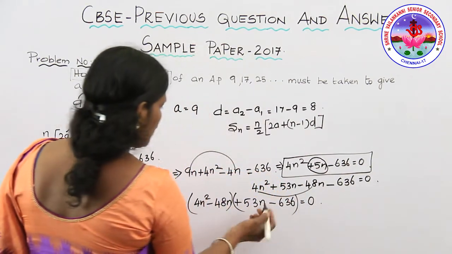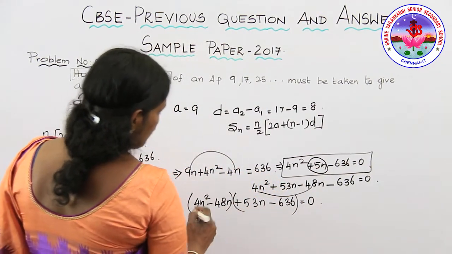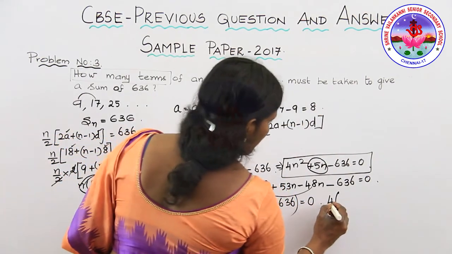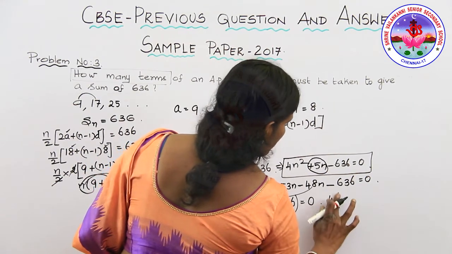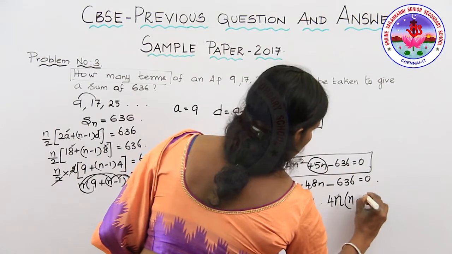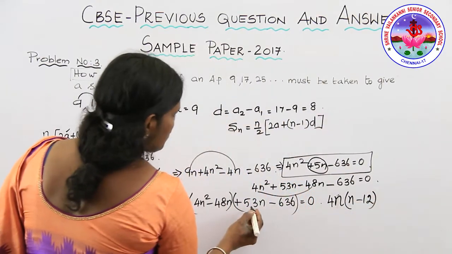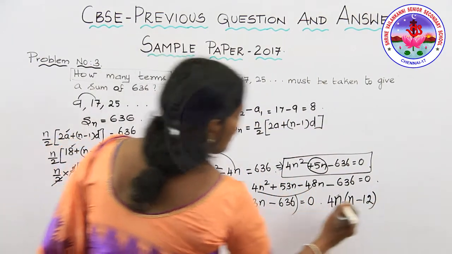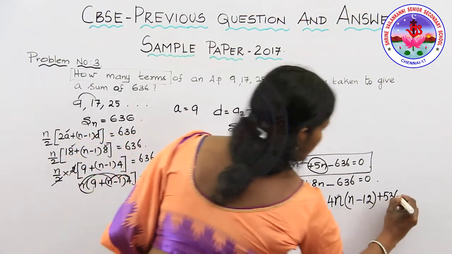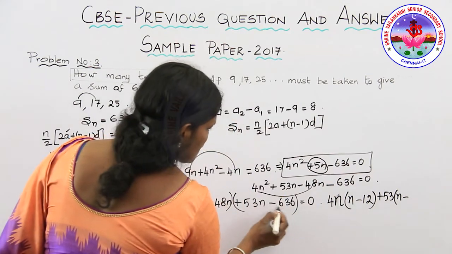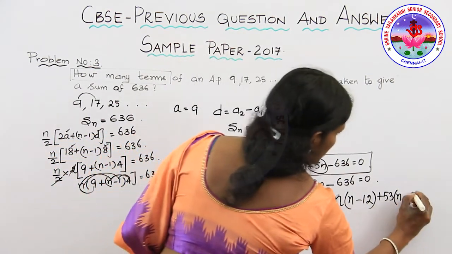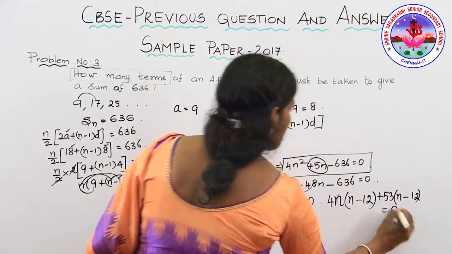Now I am going to take the common numbers outside. So I will be getting 4 into, taking n also, so I will be having 4n into n minus 12, and in the second bracket plus 53n, I am going to take plus 53 into n minus, so I have 636 as 53 into 12, 53 taking outside, remaining will be 12, which is equal to 0.